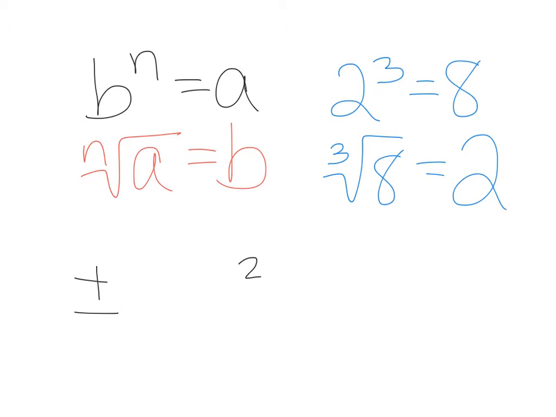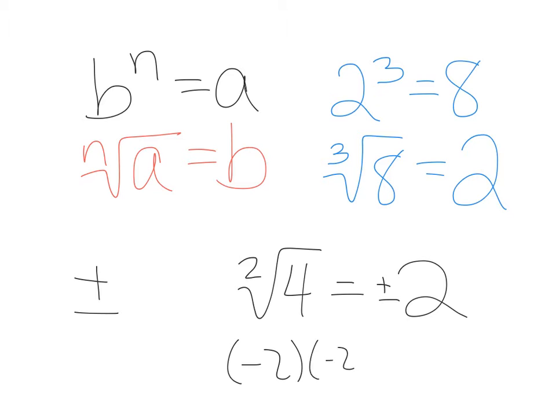For example, I know the square root of 4 is 2, but we can also say that the square root of 4 is negative 2, since negative 2 times negative 2 is still equal to 4. We have 2 possible roots when that happens. That's when we have an even index and a positive number inside, so we would have 2 real solutions.